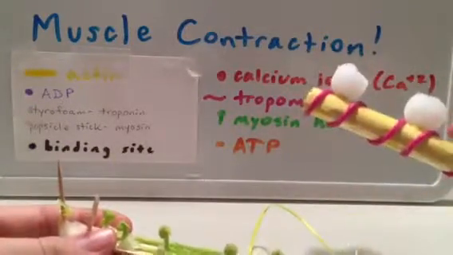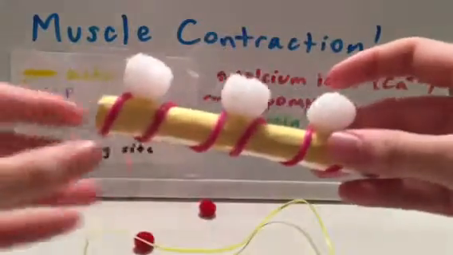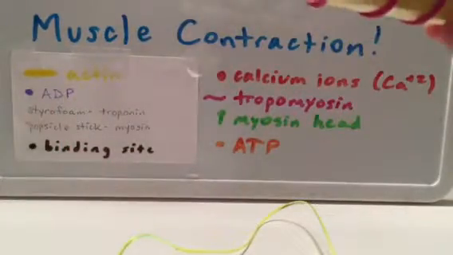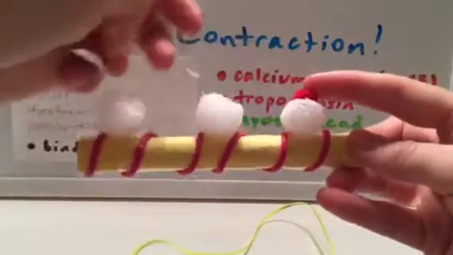So first you have your actin, and then calcium, these calcium ions come along, and they attach to the troponin up here.